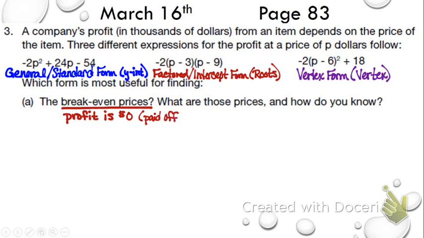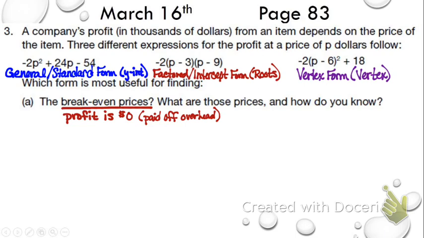Or if you're in business classes, we could say we've paid off our overhead, because that would include more than just supplies. That's your labor, your utilities, your maintenance, all that stuff. Well, does the P in these expressions mean profit? No. What does the P in the expression stand for?